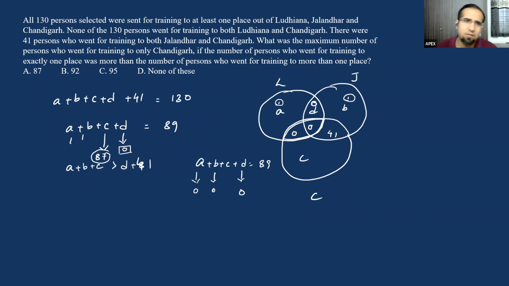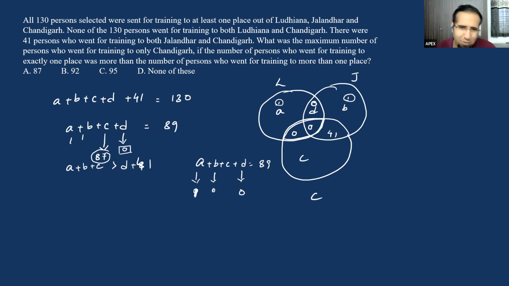The question says the 130 people went to at least one of these three places, no problem. The only thing that would be in contention is if you take B equal to 0, I might keep A equal to 1. In that case, nobody is going to Ludhiana. If nobody is going to Ludhiana, then why is Ludhiana mentioned? That is my thought process.